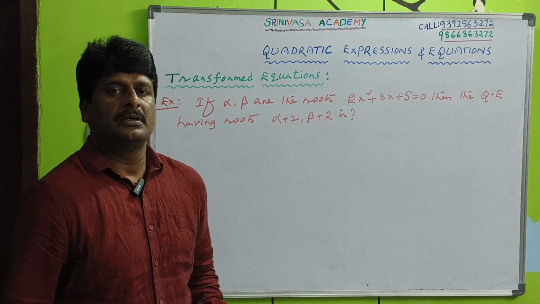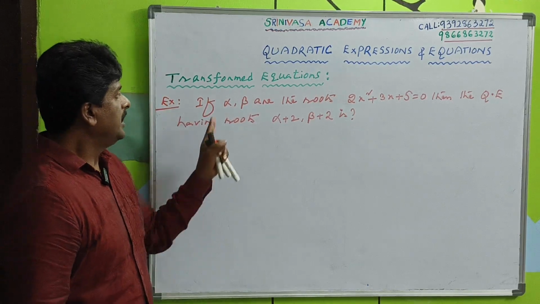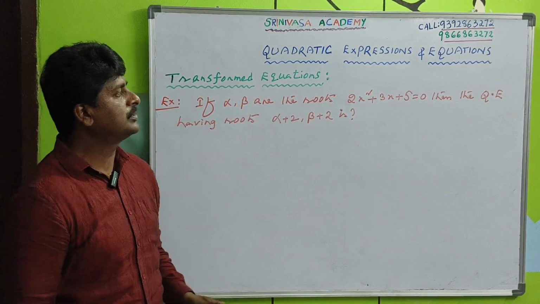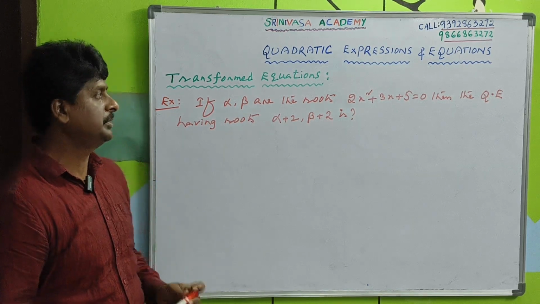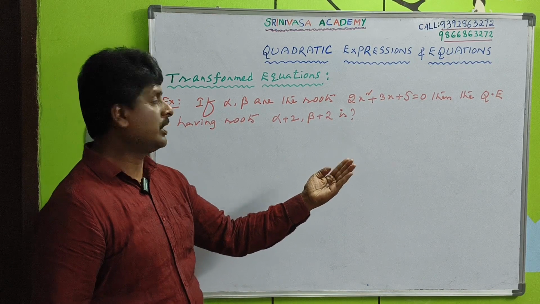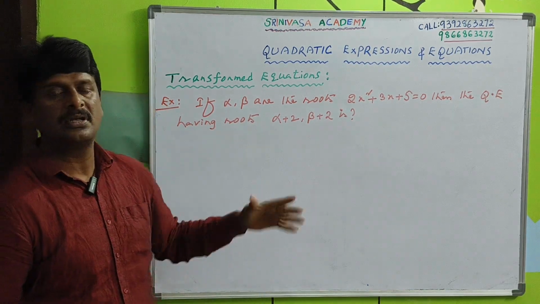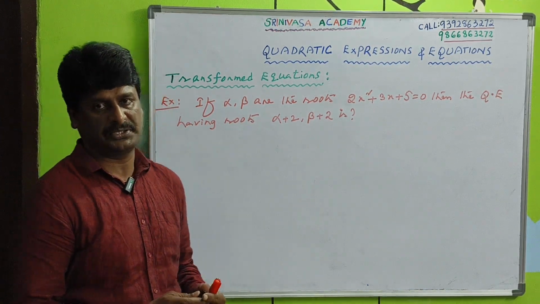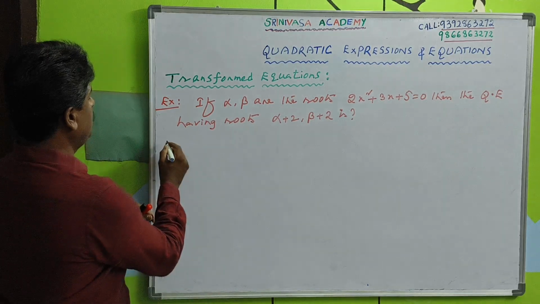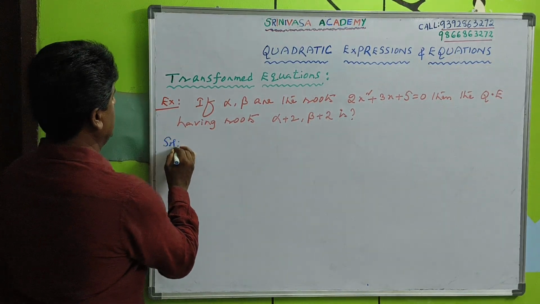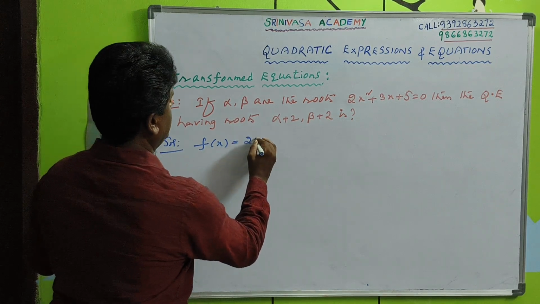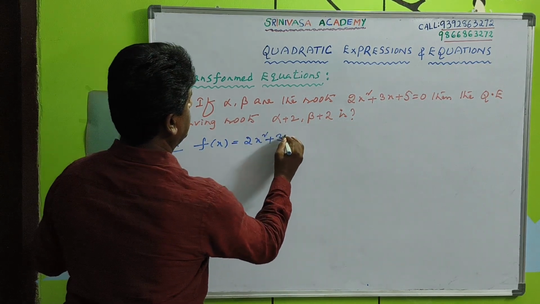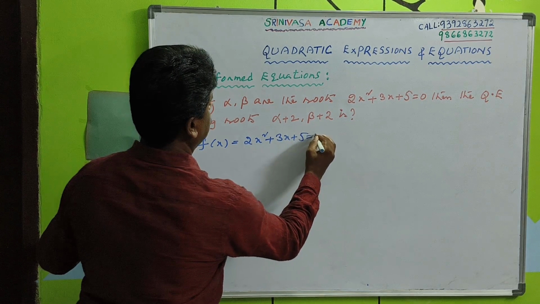Okay. See one example. If alpha comma beta are the roots of 2x square plus 3x plus 5 is equals to 0, then the quadratic equation having roots alpha plus 2 comma beta plus 2. Just now we have discussed, let the given equation be f of x, that is 2x square plus 3x plus 5 is equals to 0.